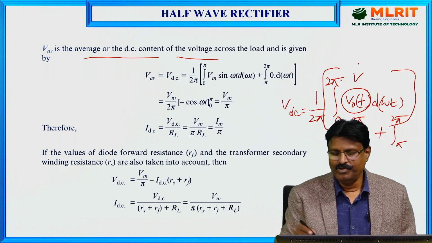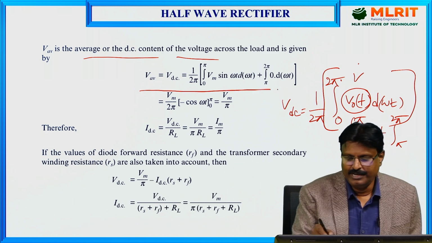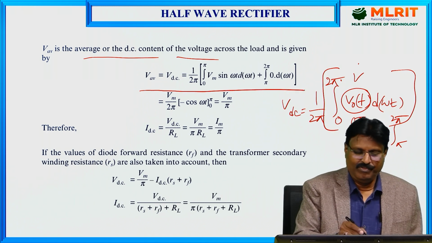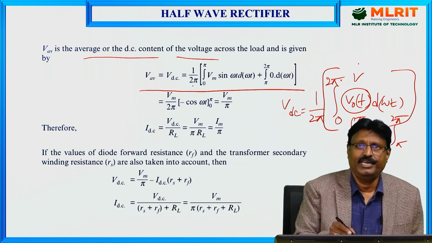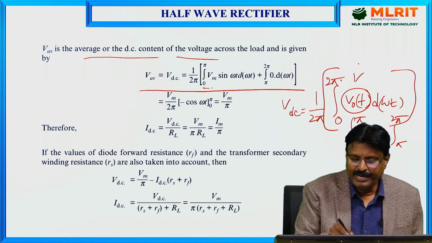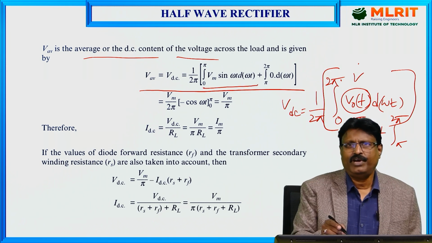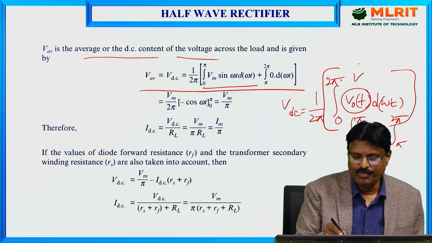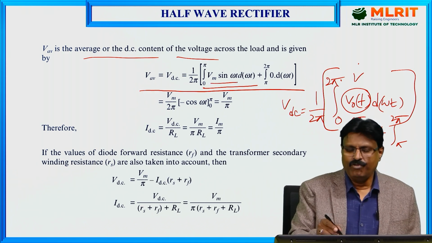Otherwise, it will be equal to 0. So directly the equation is written like this: V average or VDC is equal to 1 by 2 pi integral 0 to pi of V naught of t, that is Vm sin omega t, into d of omega t.